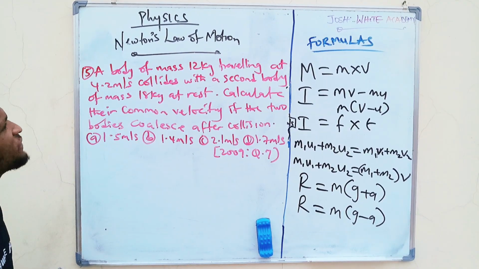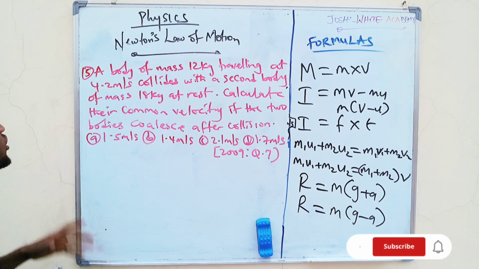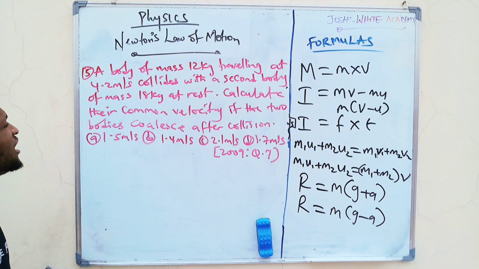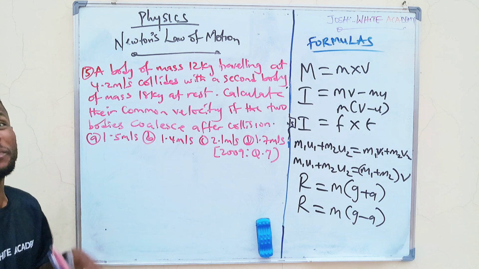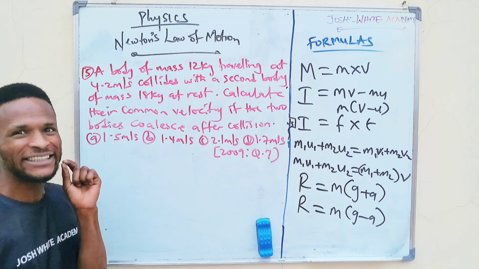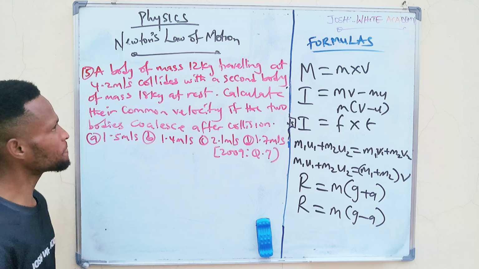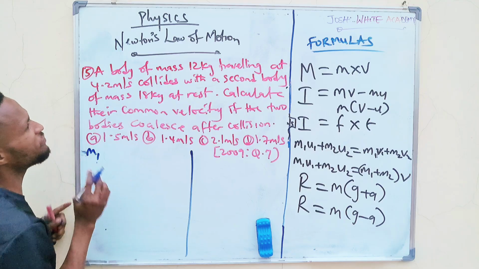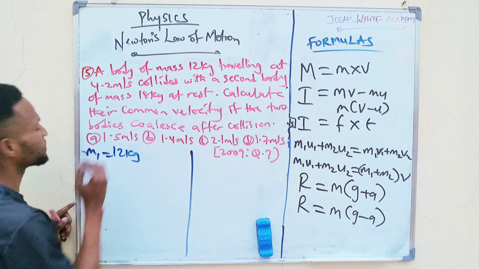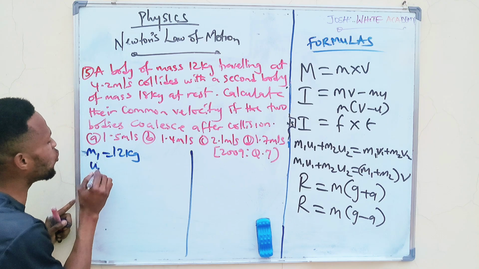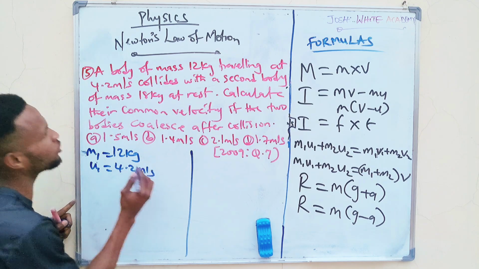A body of mass 12 kg traveling at 4.2 meter per second collides with a second body of mass 18 kg at rest. Calculate their common velocity if the two bodies coalesce after collision. JAMB likes questions like this a lot. So please stay focused. Let's write down our data. Our first mass is 12 kg traveling with a velocity, our U1 is 4.2 meter per second.